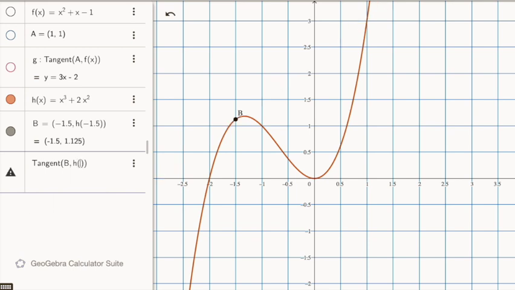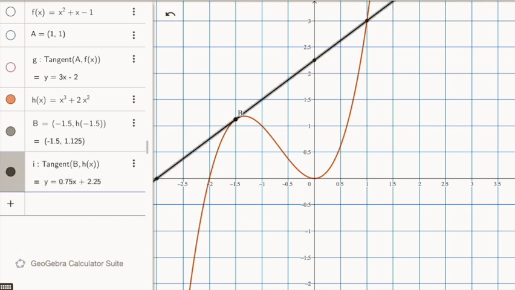So I'm going to put in h of x, hit enter, and it's going to give me the tangent line at B. So now if I asked you to tell me what the instantaneous rate of change is on that function at negative 1.5, you would tell me 0.75. If I asked you for the tangent line itself, then you would give me the entire equation for the tangent line. But the rate of change is specifically that slope.